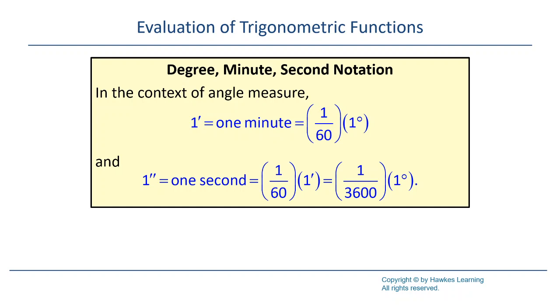In this case, because of the way they work, a minute is 1/60th of a degree, and a second is 1/60th of 1 minute. So it's a 60th of a 60th, which is 1/3600th of a degree, which means you're getting into very, very precise measurements.